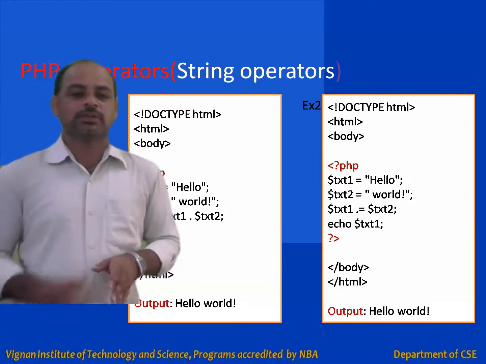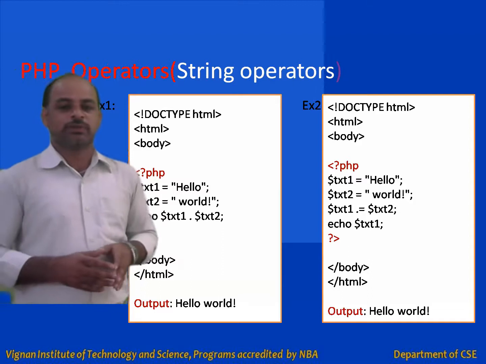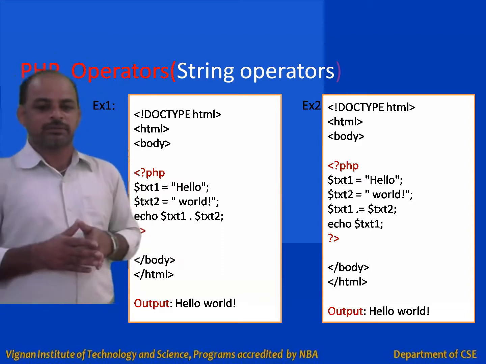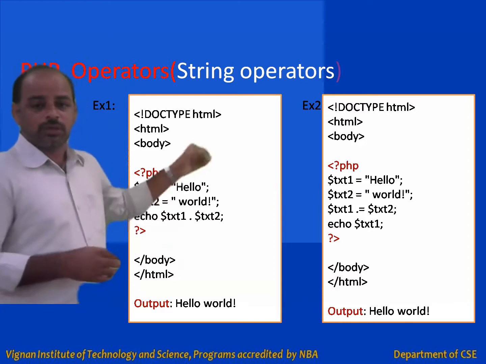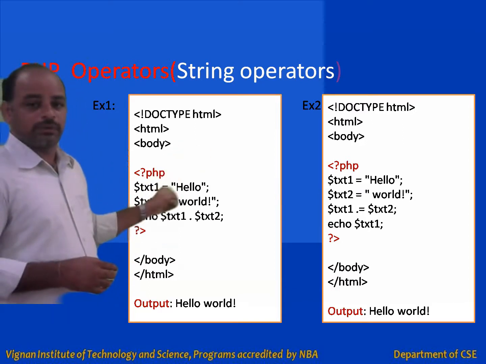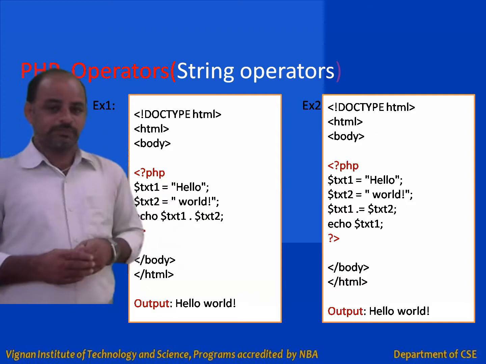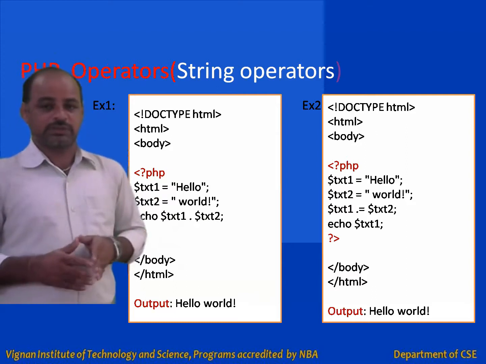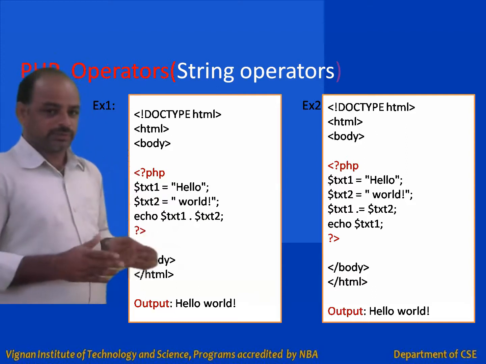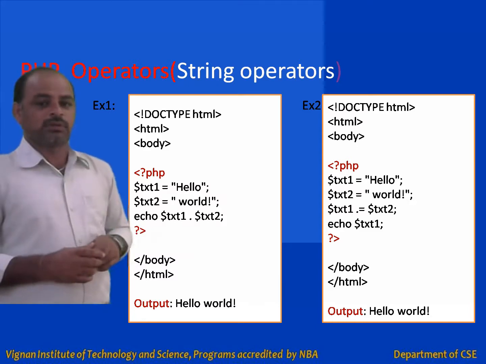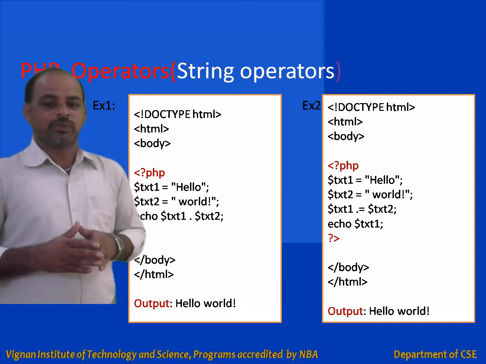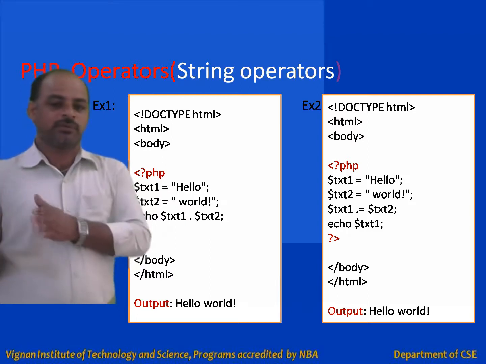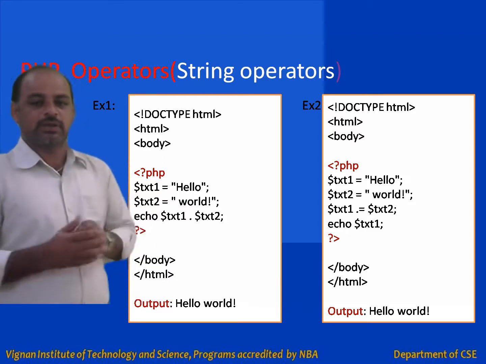So you can see two example programs which demonstrate how the string concatenation operator works. In this one we have <?php, $text1 is equal to "hello" and $text2 is equal to "world", echo $text1 . $text2, which will combine hello and world and finally gives the result hello world.